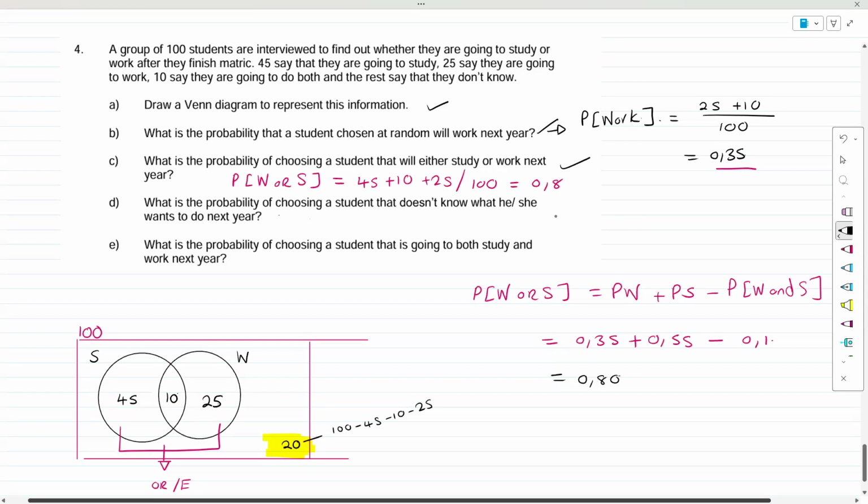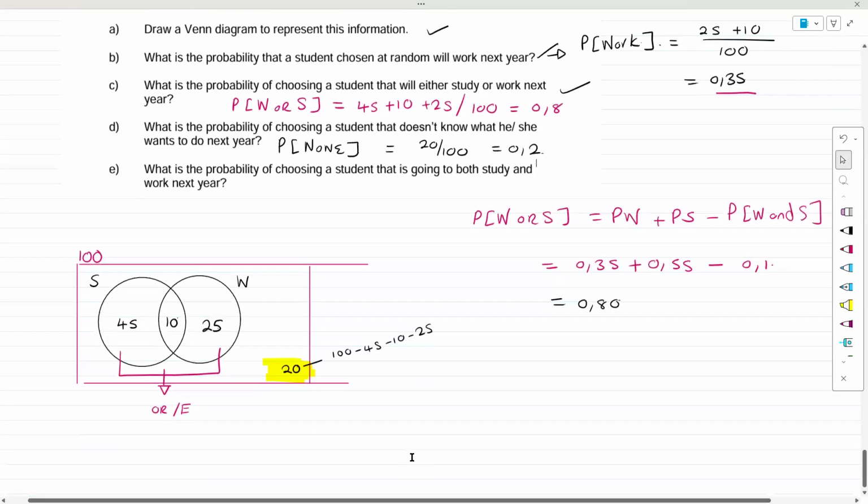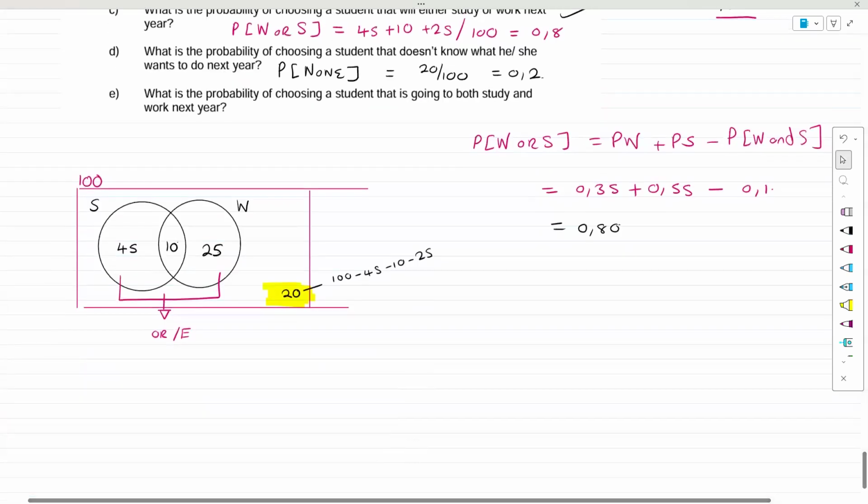And this one is the same. So the probability of somebody who doesn't know what they're doing, or none, the probability of none would be equal to 20 over 100, which is equal to 0.2. How do I know that? It's because I drew the Venn diagram. But if I wanted to use the formula, I could as well.